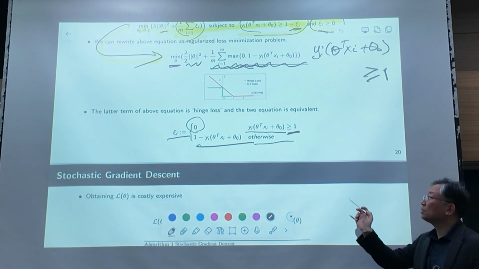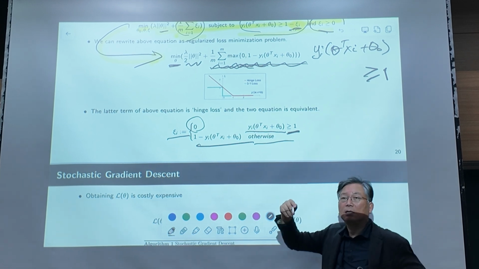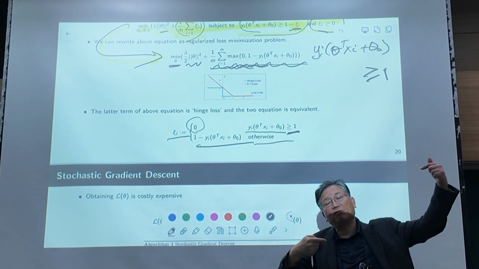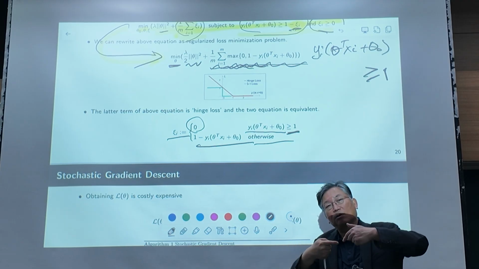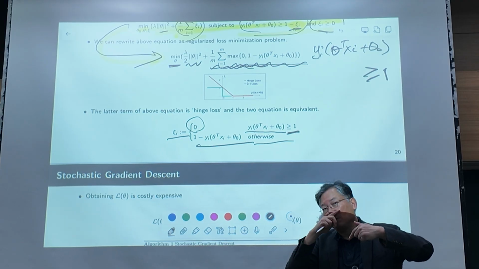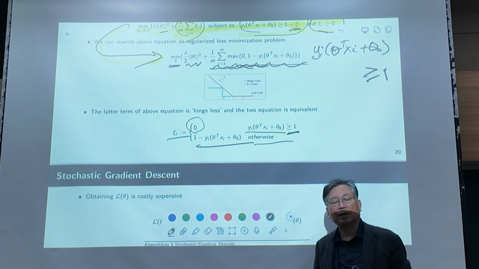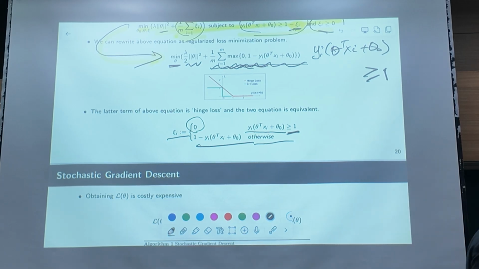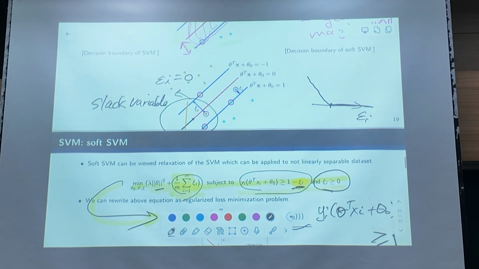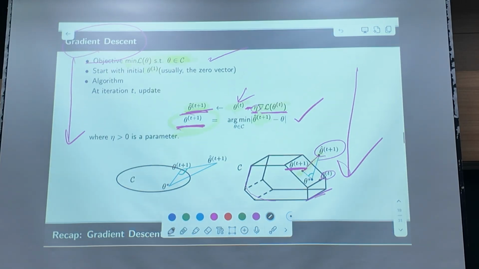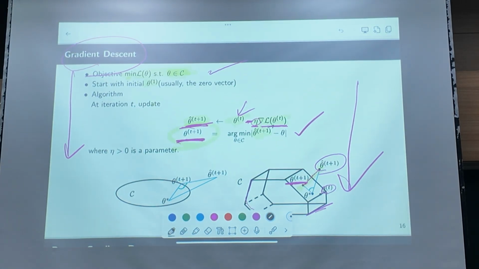It's not continuous at 1. Coming from the left, coming from the right, your value is different. Okay? So how do you define this gradient? The loss function has to be a continuous function in order for you to take the gradient.